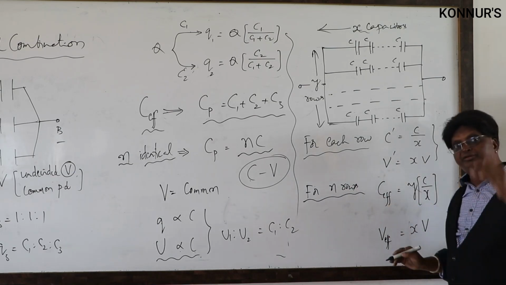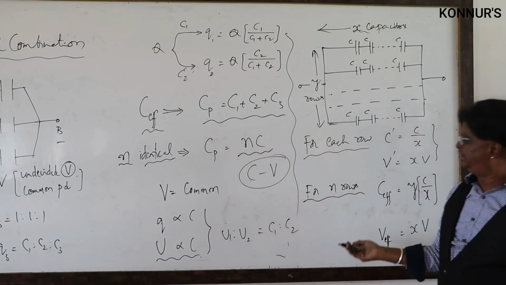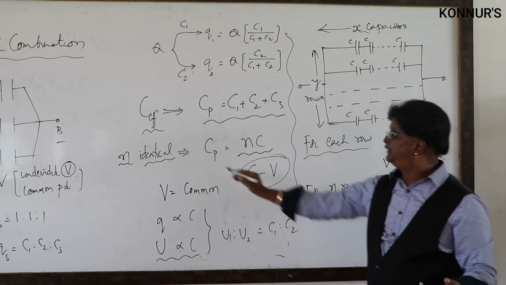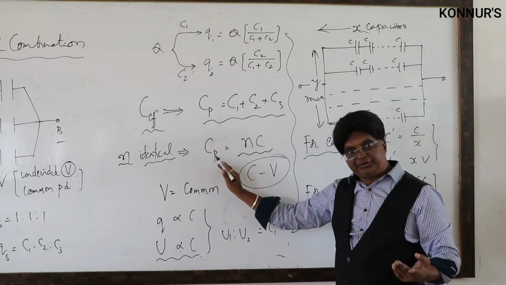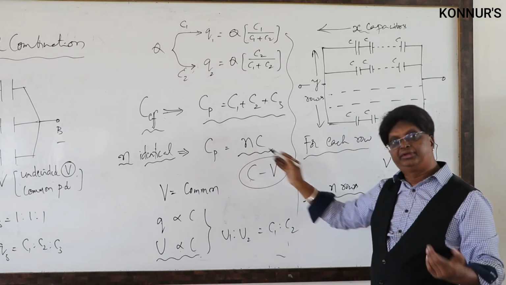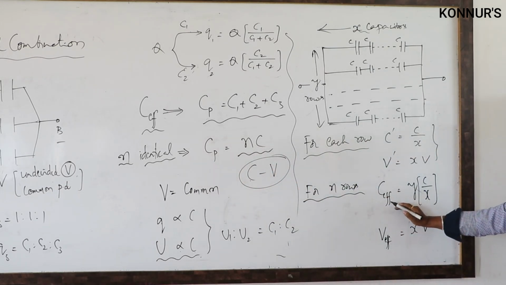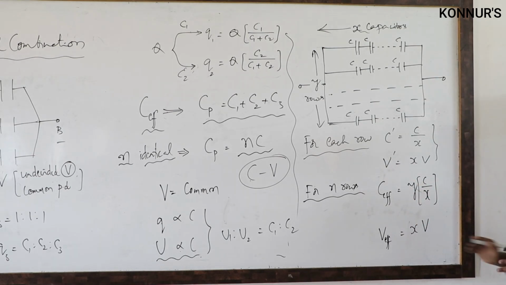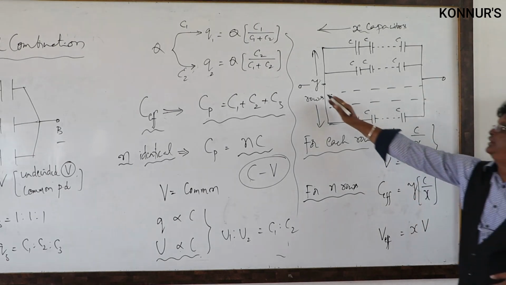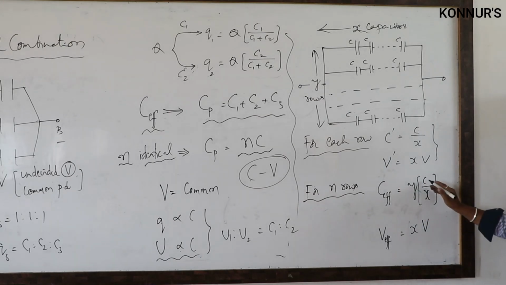Now for Y rows in parallel, again the same rule. What was that? N identical capacitors in parallel, effective capacity is n times C. In such a case, what will be the effective capacity of all the Y rows in parallel? Then it becomes Y times, because the number here is Y in parallel. So Y times C by X.